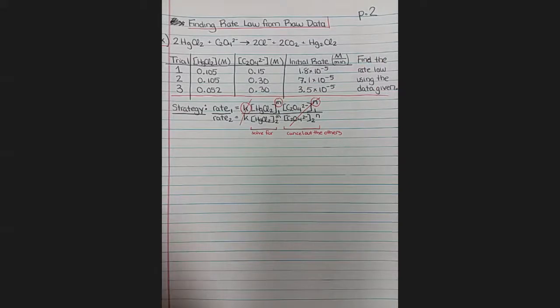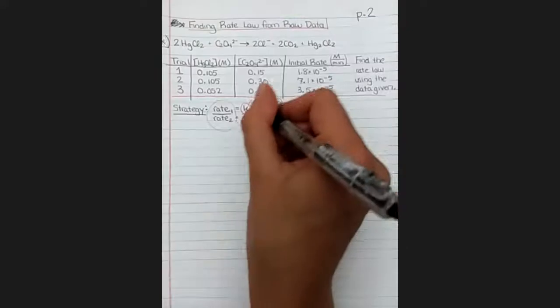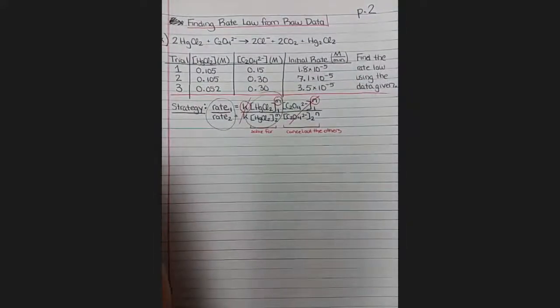We'll cancel out all the other terms, and all we should be left with is one ratio of the rates and one ratio of one concentration. And then we only have one unknown, and we can solve for that one unknown variable at a time. I think this will make more sense as we get going.